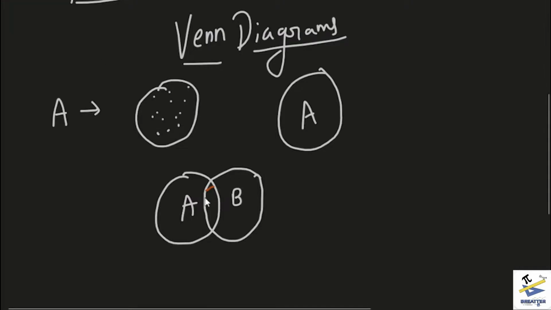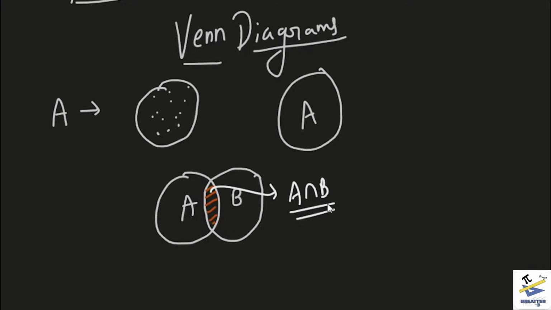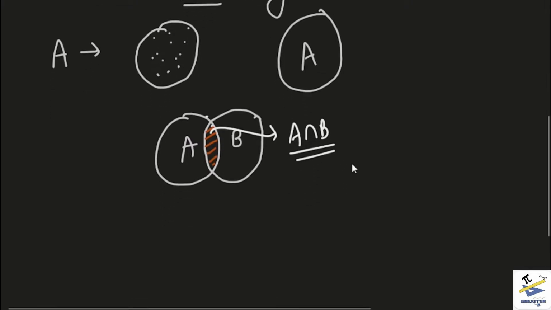So let's say this is the intersection between them, and this portion is basically A intersection B, right? So this circle is A, this circle is B, and the portion common to both of them is A intersection B. So this is how we write Venn diagrams, and it helps us prove a lot of identities, as you will get to see very soon.